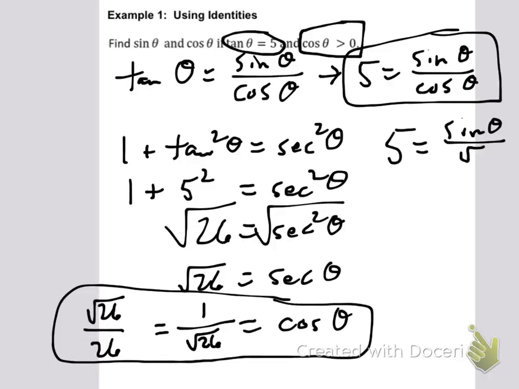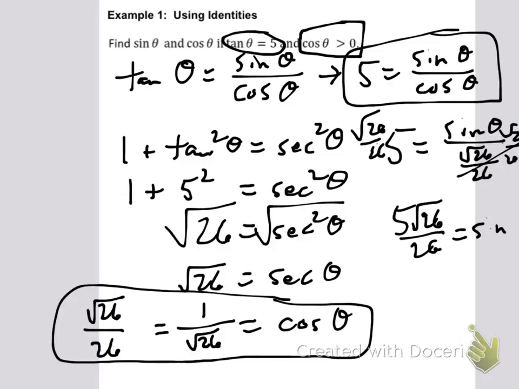So if I'm going to get sine, I'm going to multiply both sides by radical 26 over 26. I ran out of room, sorry. So those cancel, and I get 5 radical 26 over 26 is the sine of theta. So the key was to incorporate an identity in here to help find the cosine, and we had to use secant to do it.